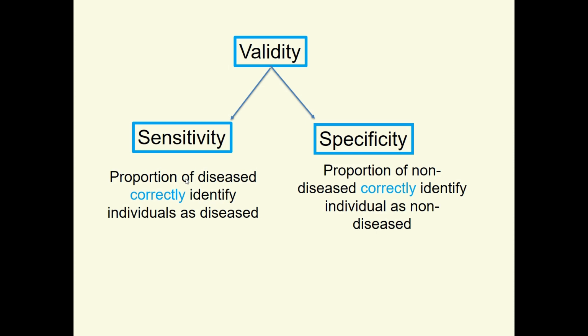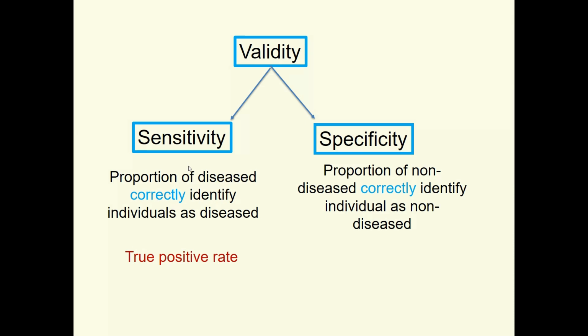It means if someone has no disease, the test should show that they have no disease. So here both of them can be expressed using one specific terminology. Sensitivity is the true positive rate of the diagnostic test.